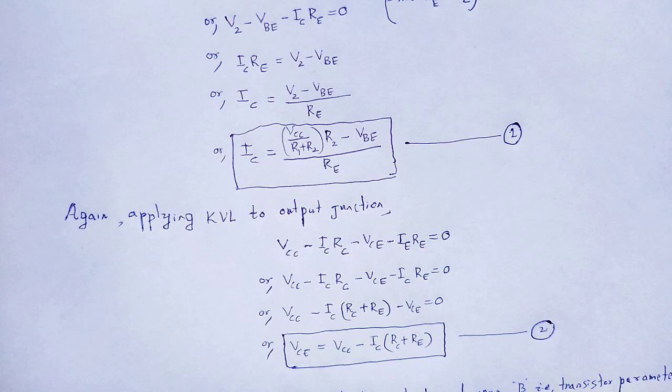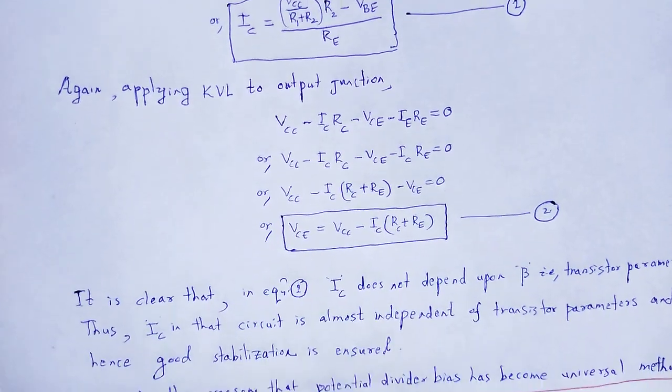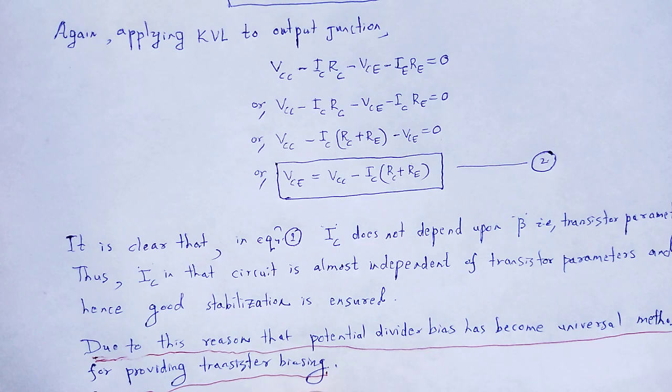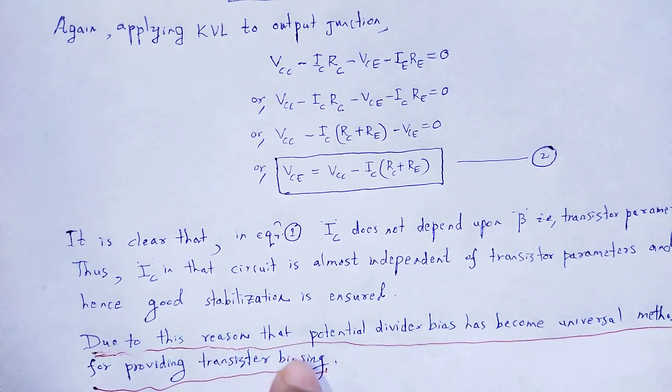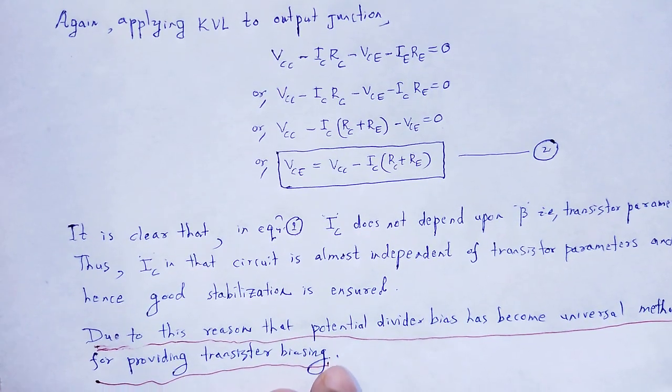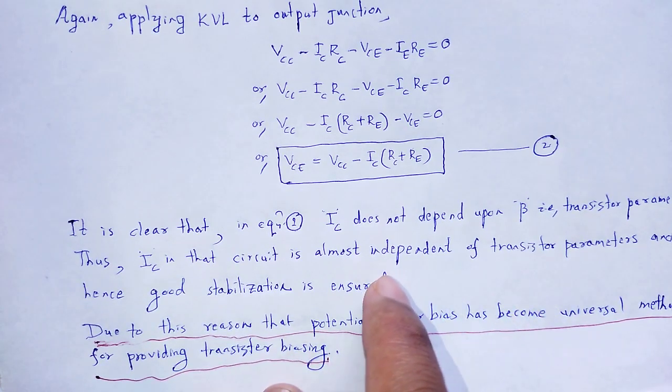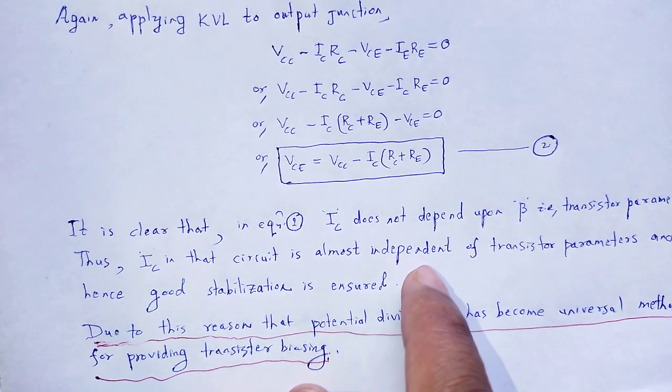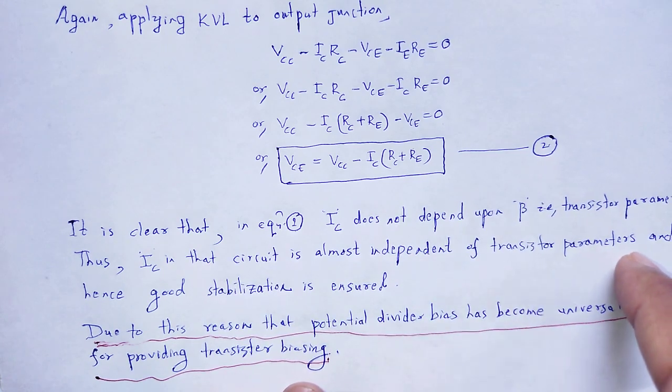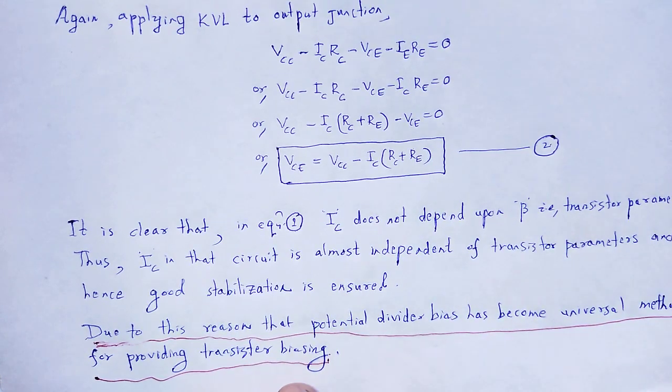By analyzing these coordinates, we can easily fix that Q point, and that Q point play an important role for transistor biasing. One of the very good advantage of that type of biasing, since it does not depend on transistor parameters, so it is used universally.